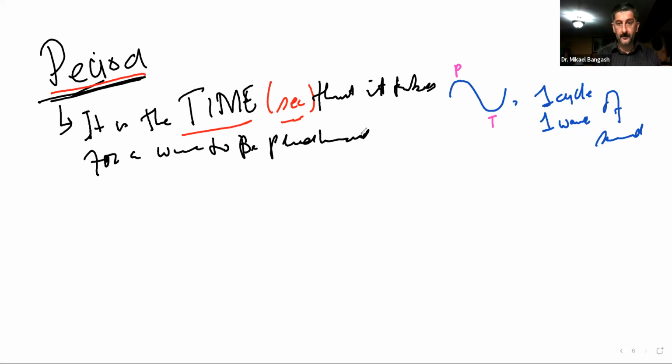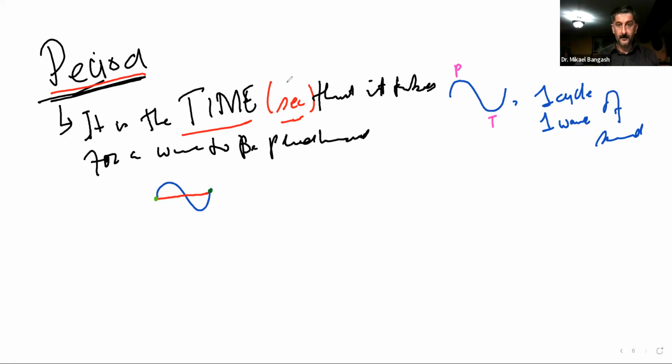Or we can say it is the time from the beginning of one wave to the beginning of the next, because this happens to be one wave.